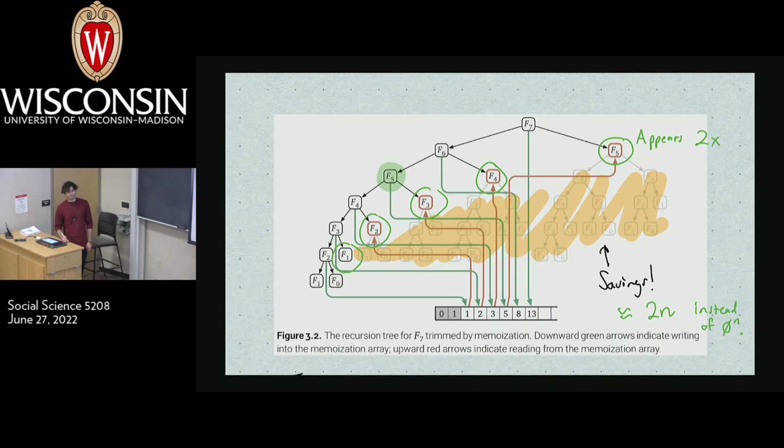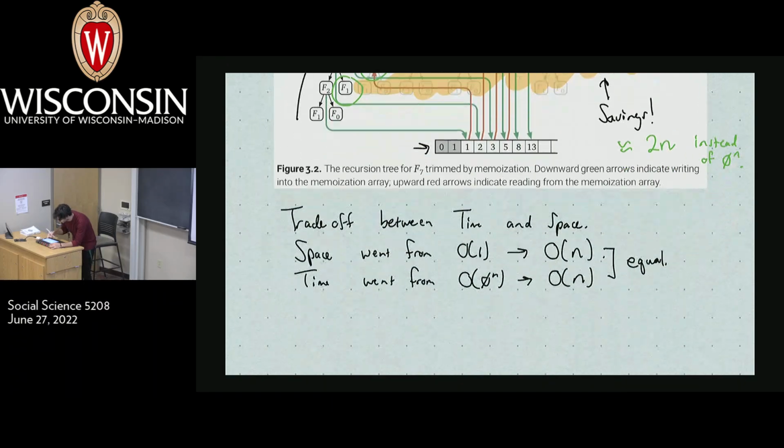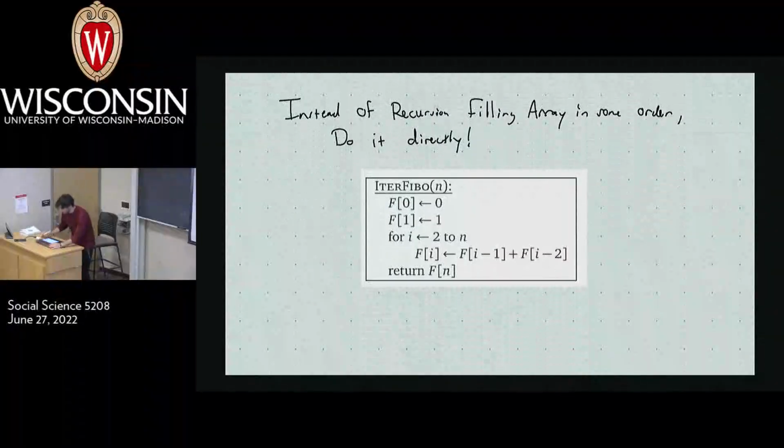In order to compute f of 5, you first have to compute f of 4 and f of 3. So if we look at how this array is being filled, it's got to be filled from smallest element to largest element. There's no way you could have computed f of 5 before computing f of 3, because it depends on it. So the filling process is going to fill up the array from f of 1 all the way up to f of n, in that order. So we can just deliberately do that.